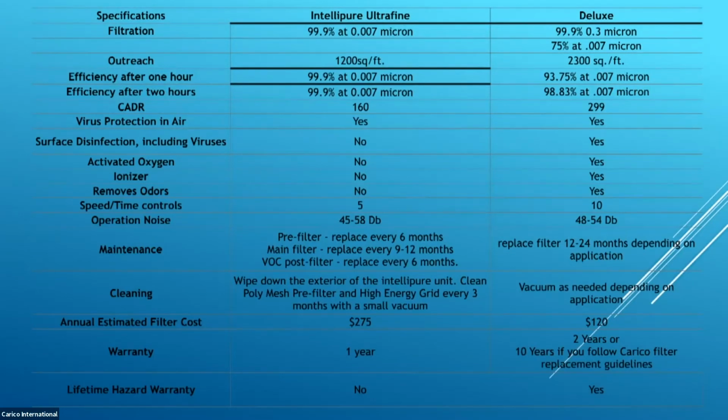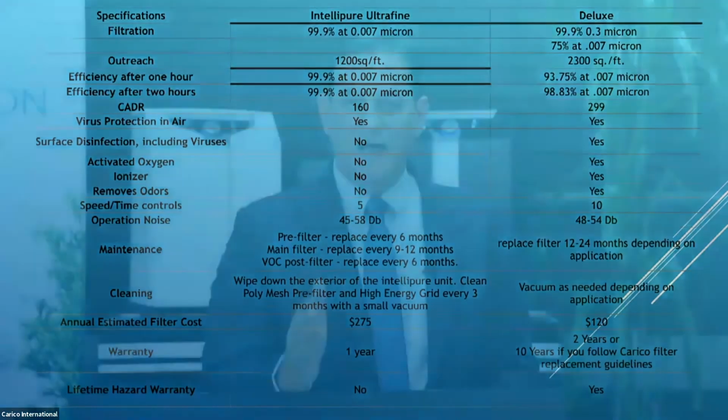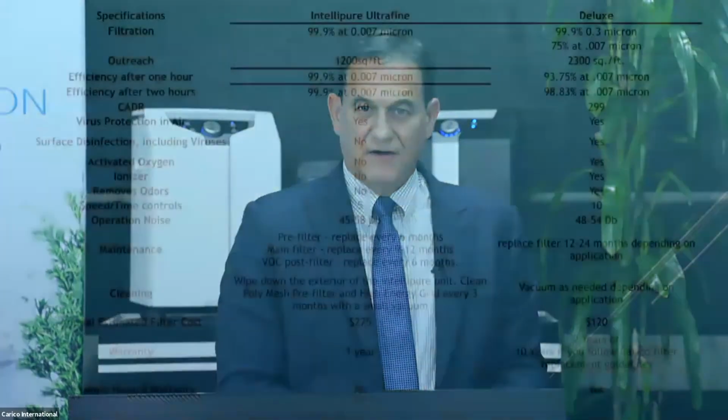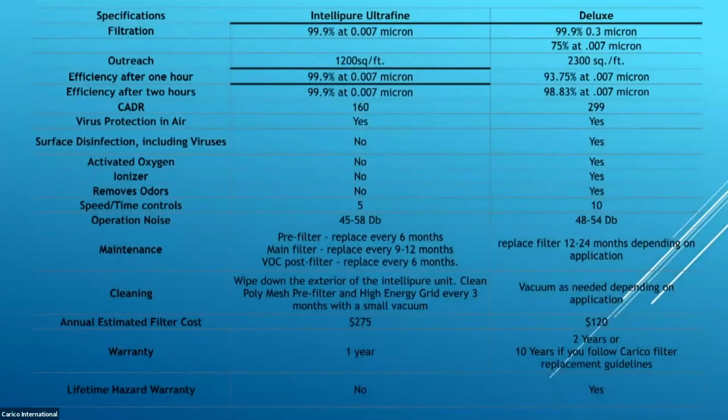Why is this important? I want to go back to one of the first points I talked to you about, and I asked you to remember, which is how much air we move through the machine and how much air we clean. The IntelliPure unit can clean about 1,200 square feet of air an hour. Carico, however, is double that, 2,300 square feet per hour.